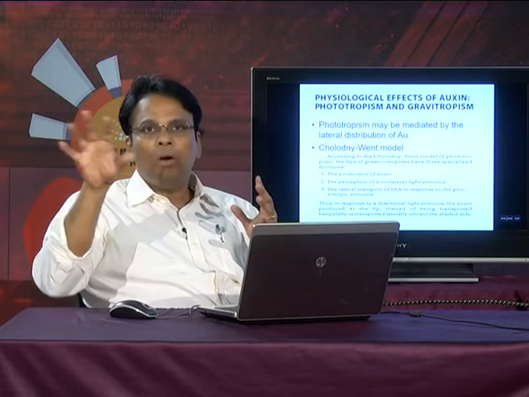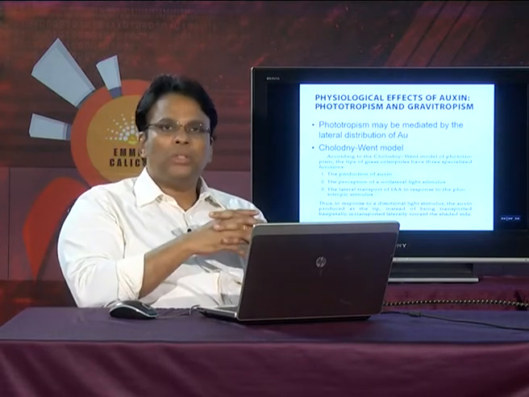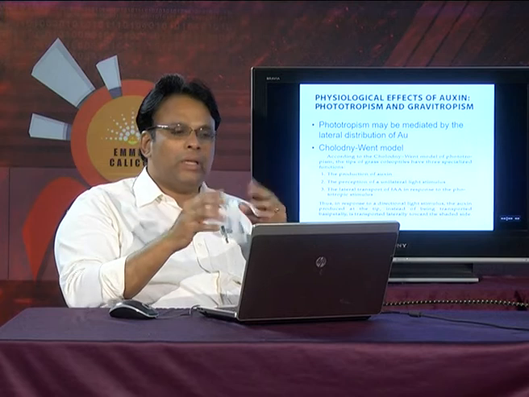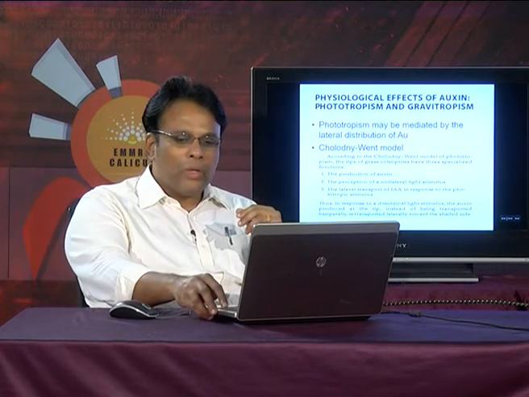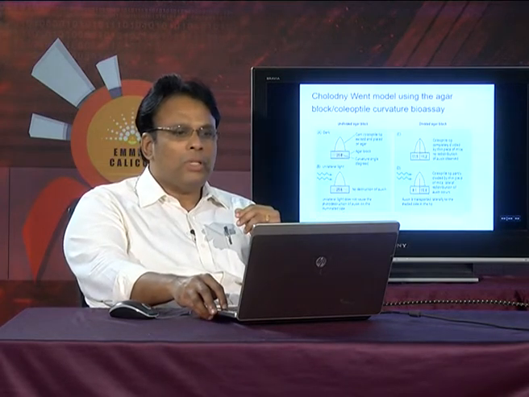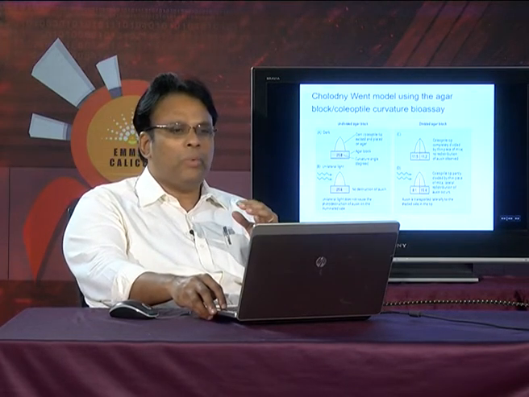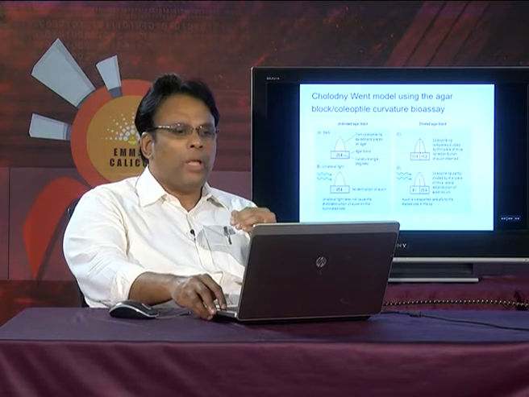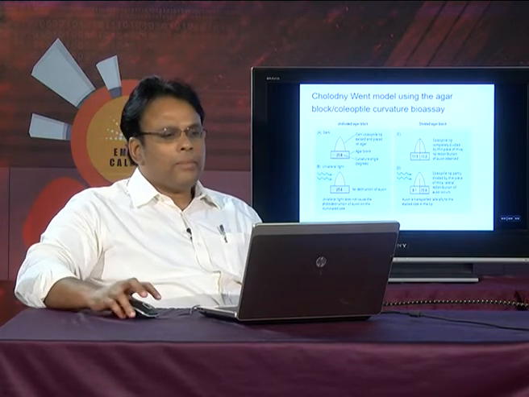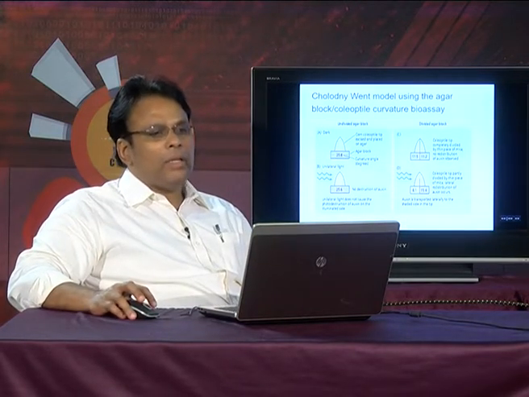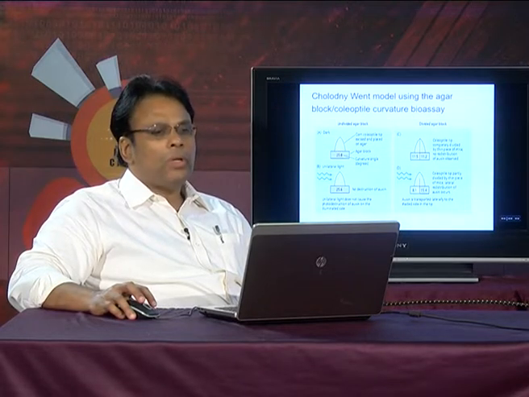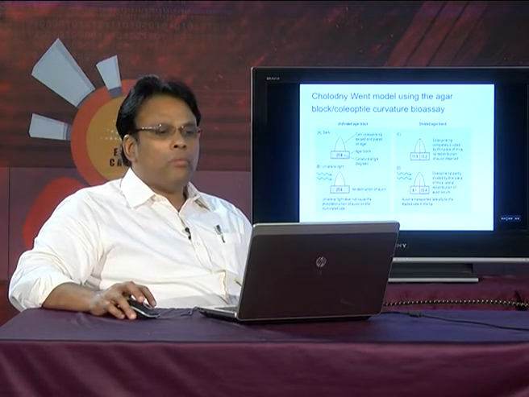The bending of the shoot or the coleoptile towards the light is basically phototropism. I would like to describe more on this from these simple experiments that you are seeing over here. Here you can see that Cholodny and Went are the people who worked on this aspect more, and we call it the Cholodny-Went model.